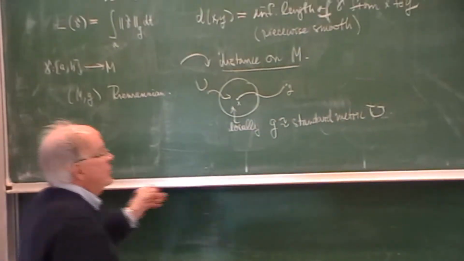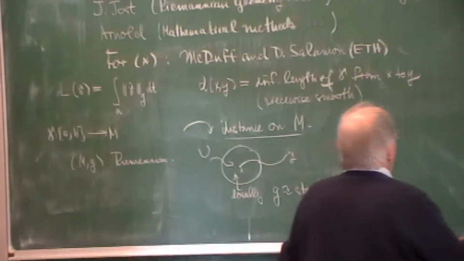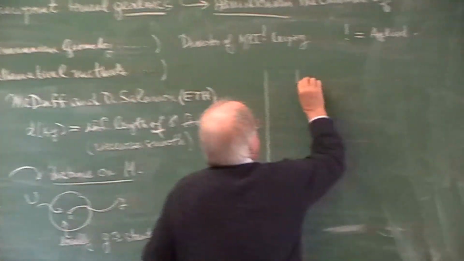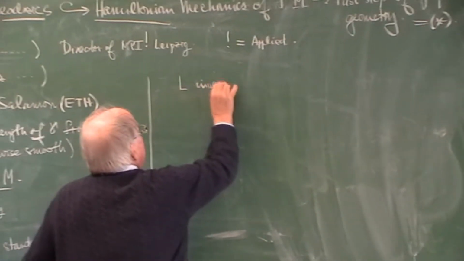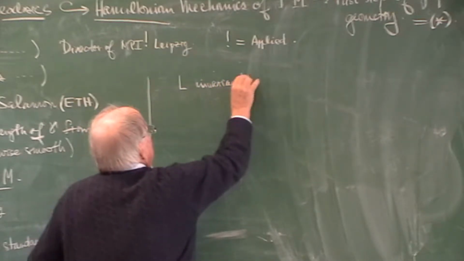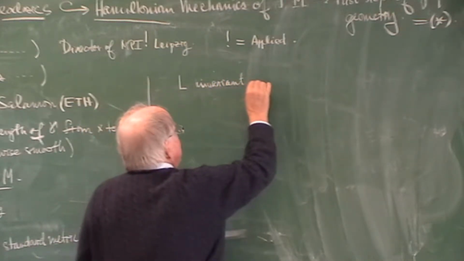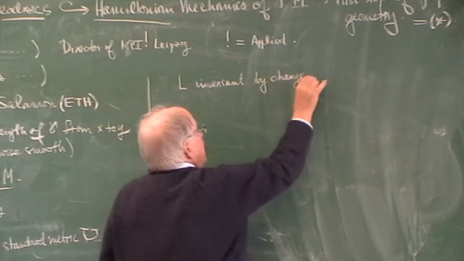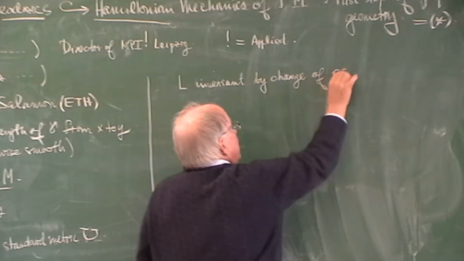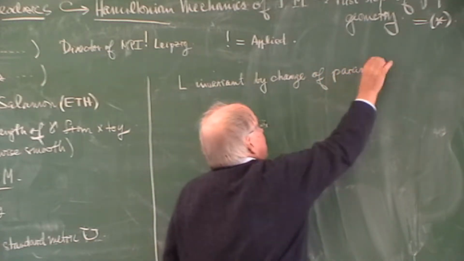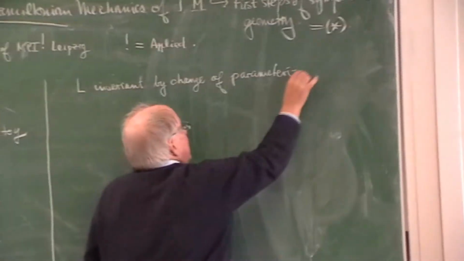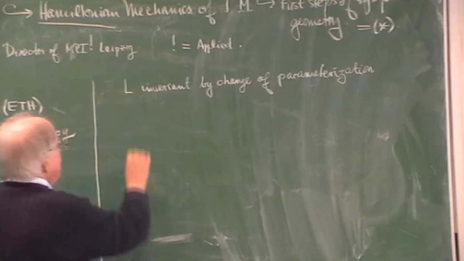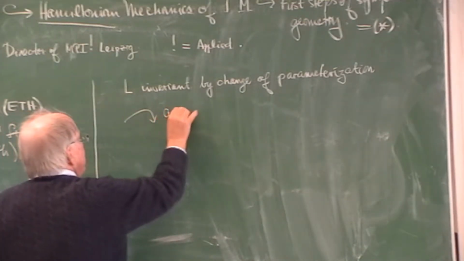Okay, that's a great thing, but I pointed out this morning that L is invariant under change of the parameterization. That means you can take an arc length parameterization.